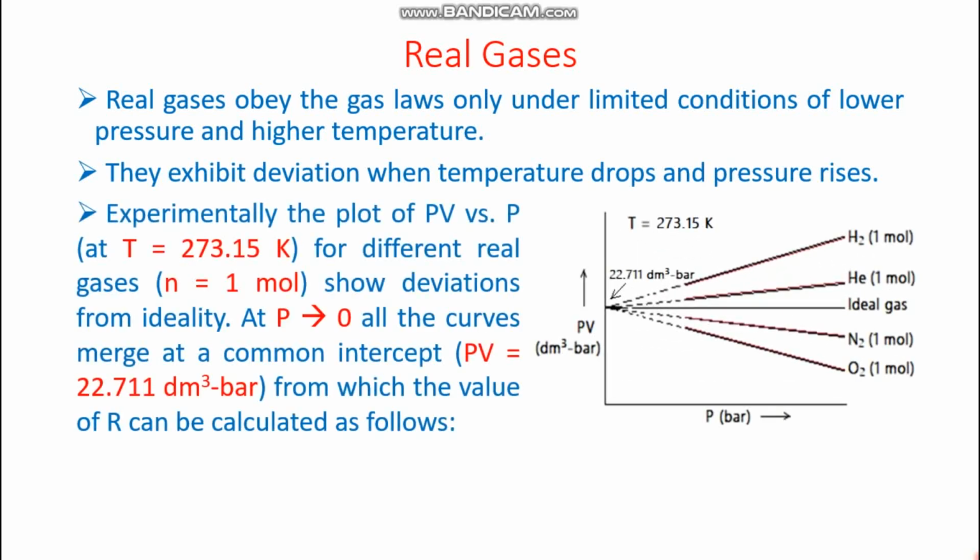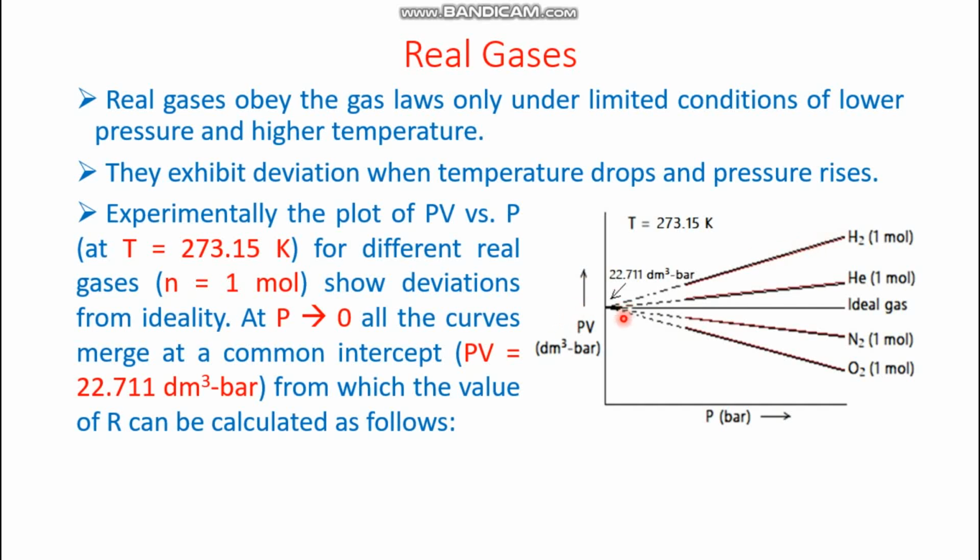Now experimentally, if the pressure-volume product is plotted against pressure at a particular temperature, say 0 degrees Celsius, that is 273.15 Kelvin, for different real gases such as hydrogen, helium, nitrogen, oxygen, then these types of lines are obtained, and they show ideality.